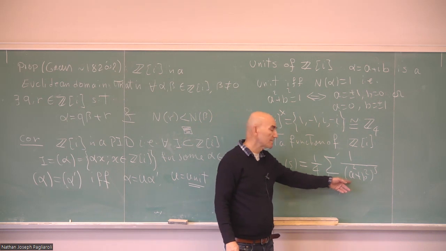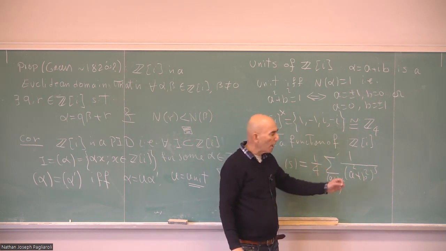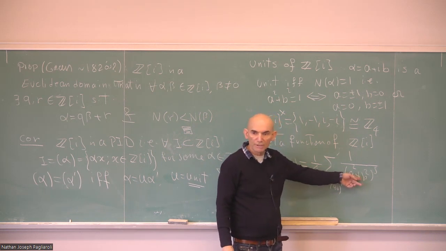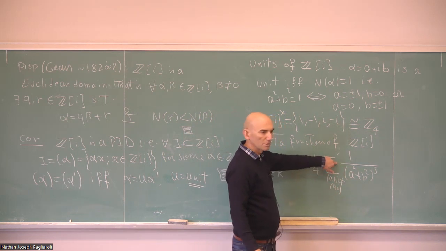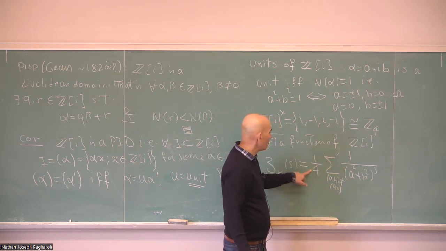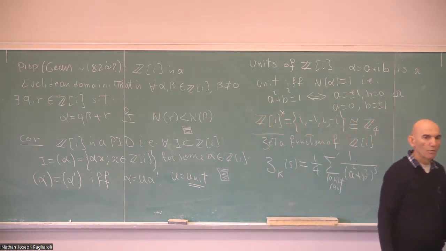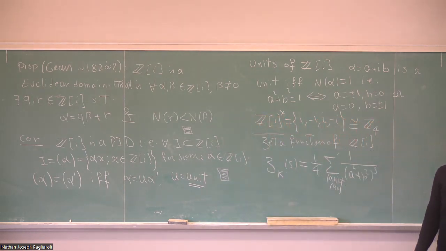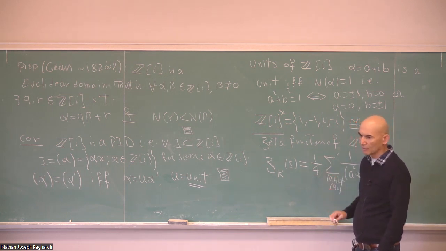It means that I'm not summing over all lattice points. I exclude 0. Well, if it is 0, I cannot even consider that, right? I exclude it. So that's what this prime means. But then I have put 1/4. So why do we need 1/4? And first of all, why is this true? What's the rationale for this quarter?